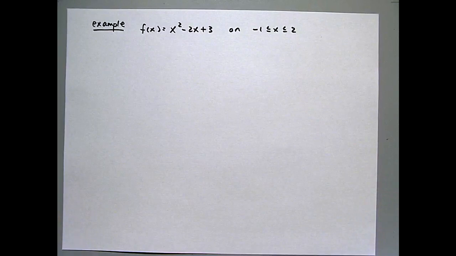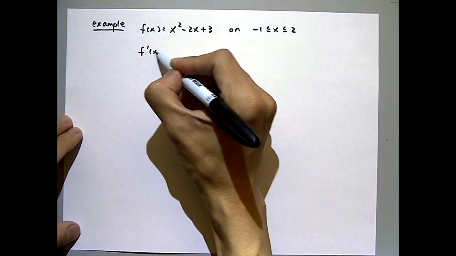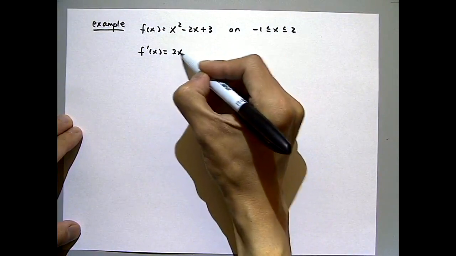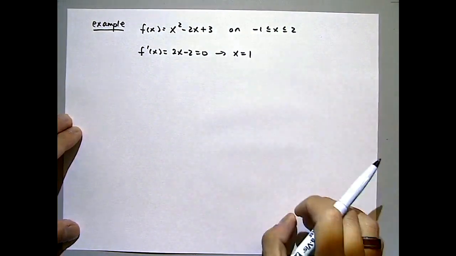All right, so what do we do? Critical numbers first, okay? 2x minus 2 equal to 0, so that means x is equal to 1. And then what?